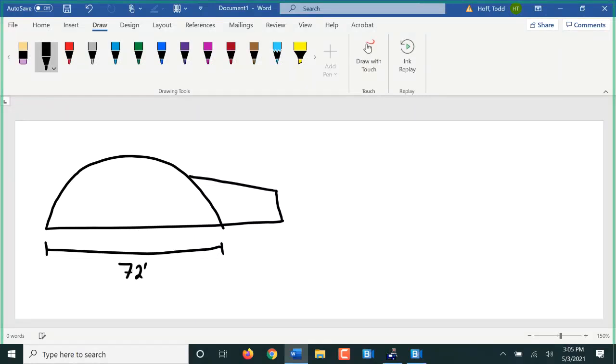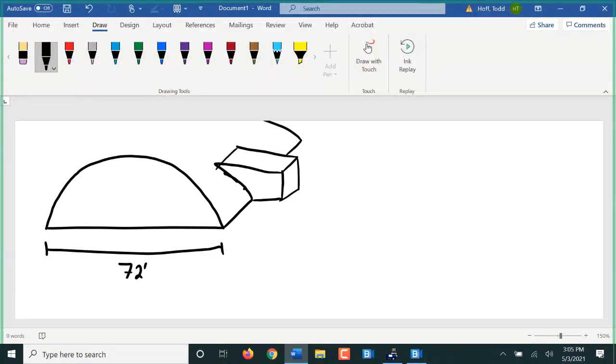Actually, let me draw it a little bit better. 8-foot bump out, slope, 100-foot ridge, right here, 20.